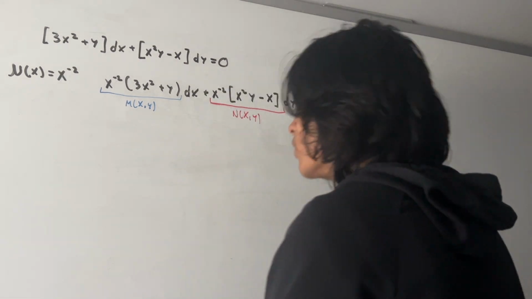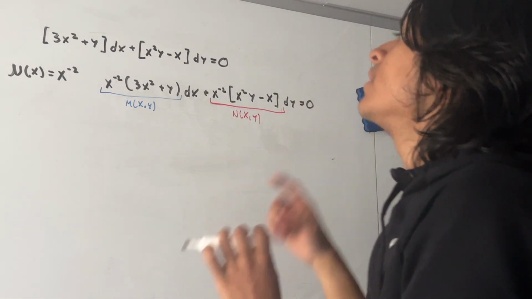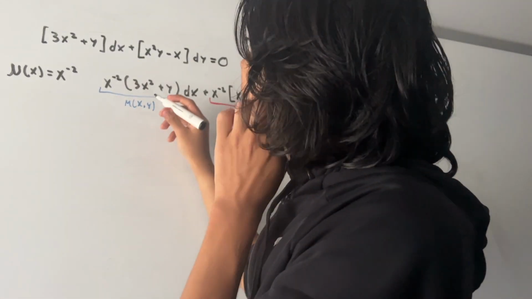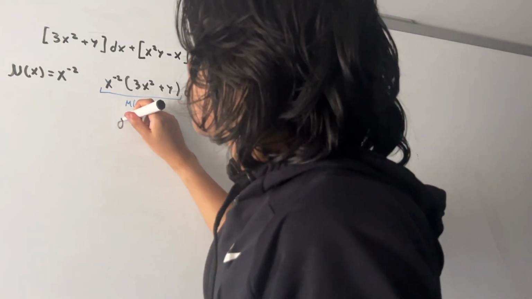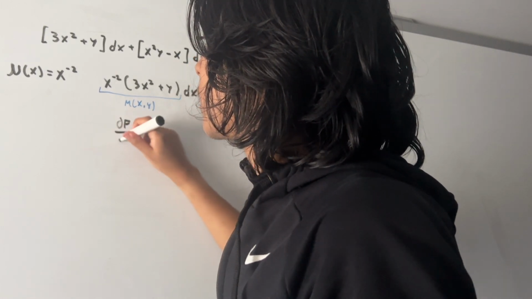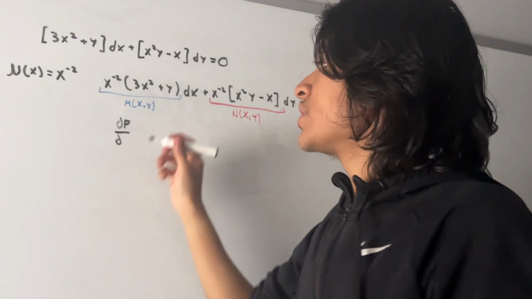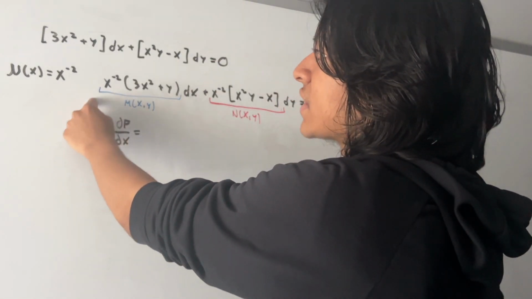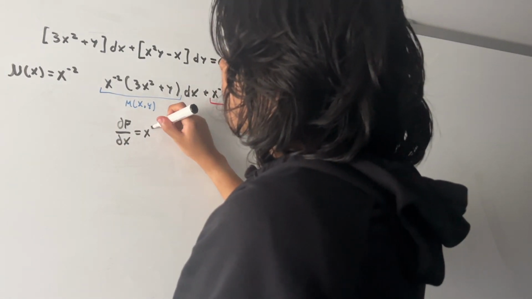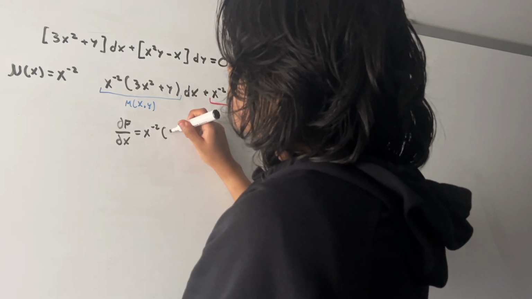If we want to solve for this differential equation, then take note that M of x, y is the derivative of the function with respect to x, so we could just have x to the -2 times 3x squared plus y.